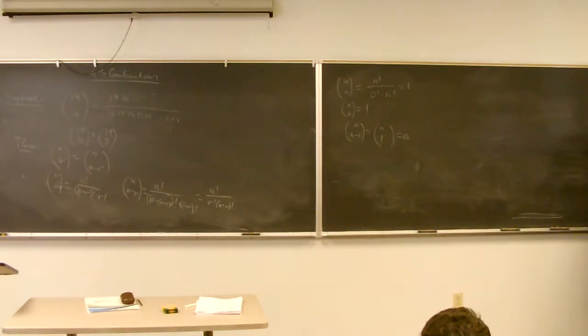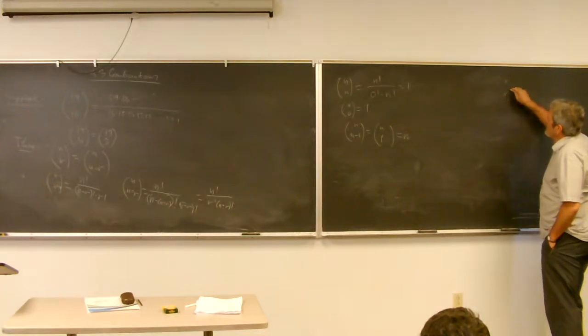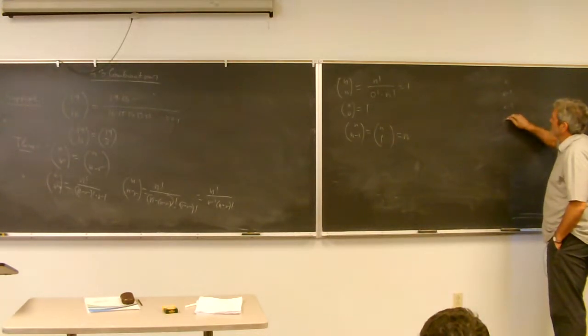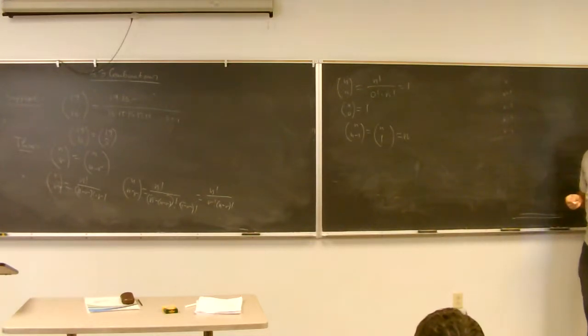And before I show you the next property, which is the most famous property about combinations, let me start something that you all probably saw. Let me do n equals 1, n equals 2, n equals 3, n equals 4. Yes? Is it an error if the second number is bigger?